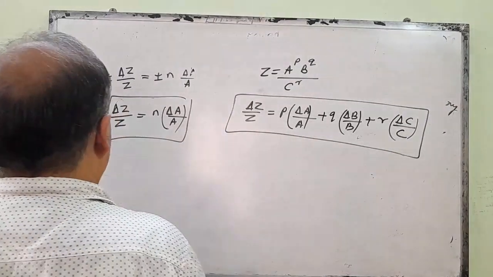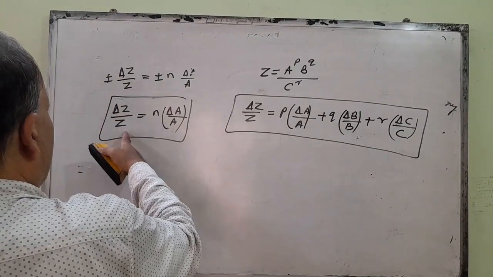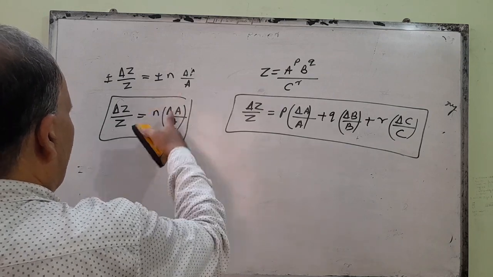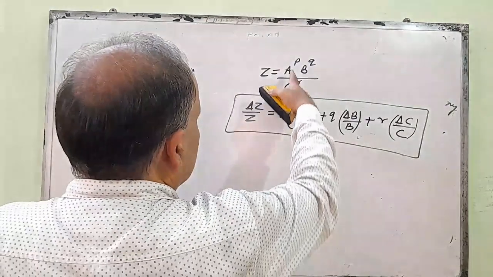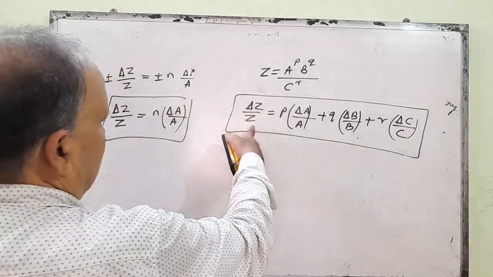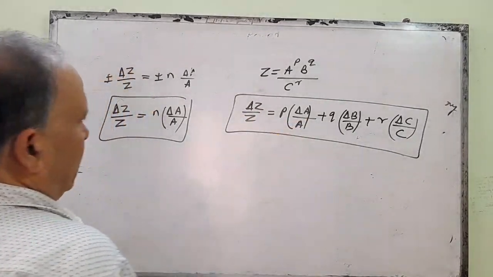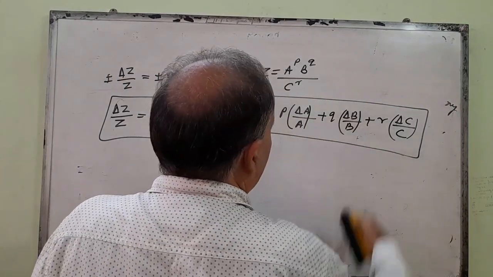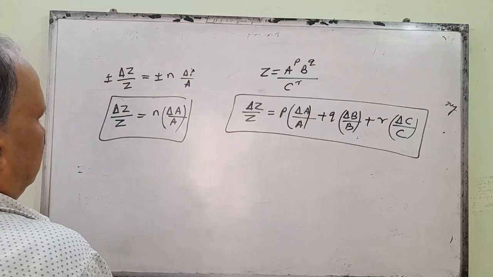You remember all these formulas. Here there is one formula, delta z by z is equal to n into delta A by A. Here there is one power, but in this case there are three powers. Here delta z by z is equal to p into delta A by A plus q into delta B by B plus r into delta C by C.